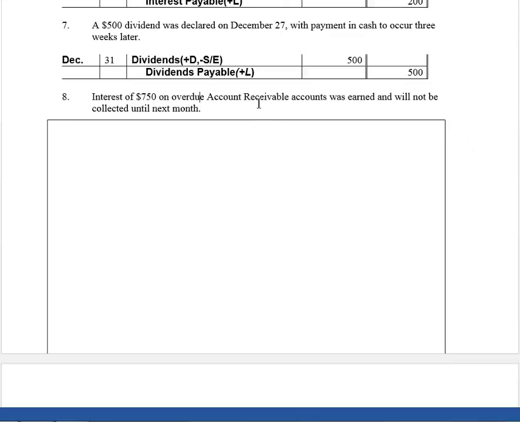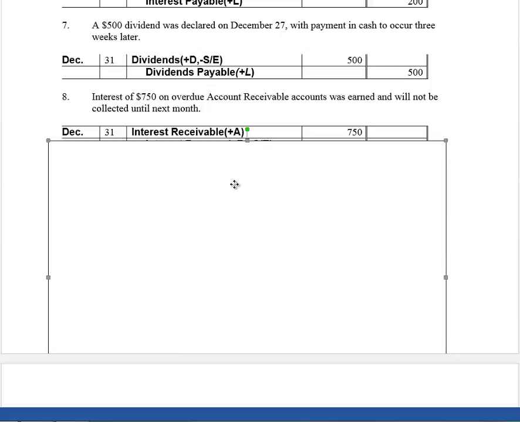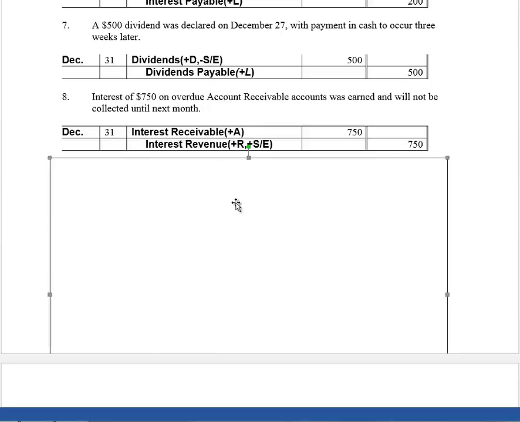So now the company would say, well, if our customers haven't paid us money that they've owed on their accounts receivable, we're now going to charge them interest on that account receivable. So we're going to debit interest receivable for $750 and credit, you got it, interest revenue.